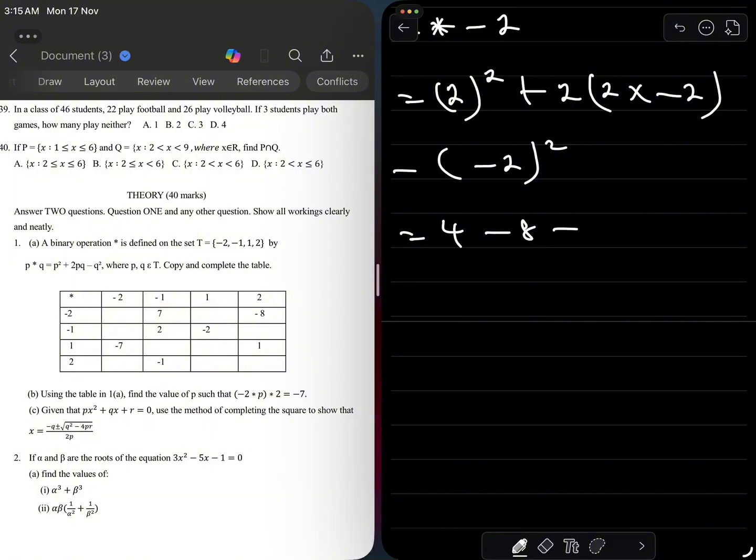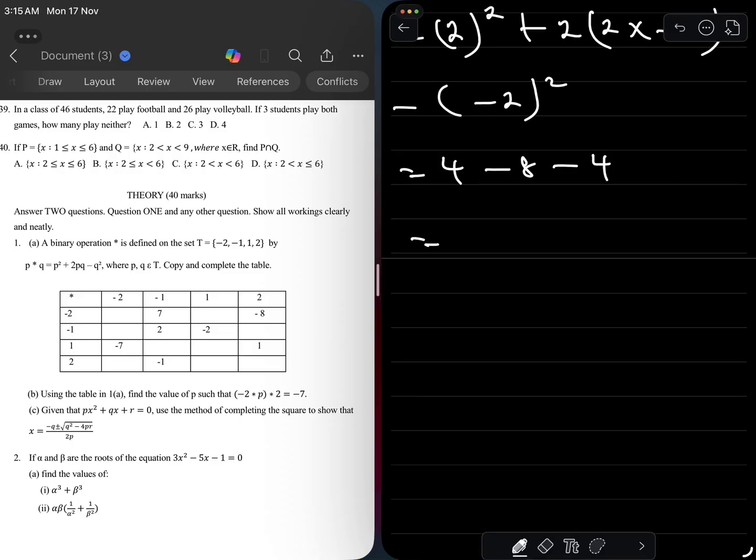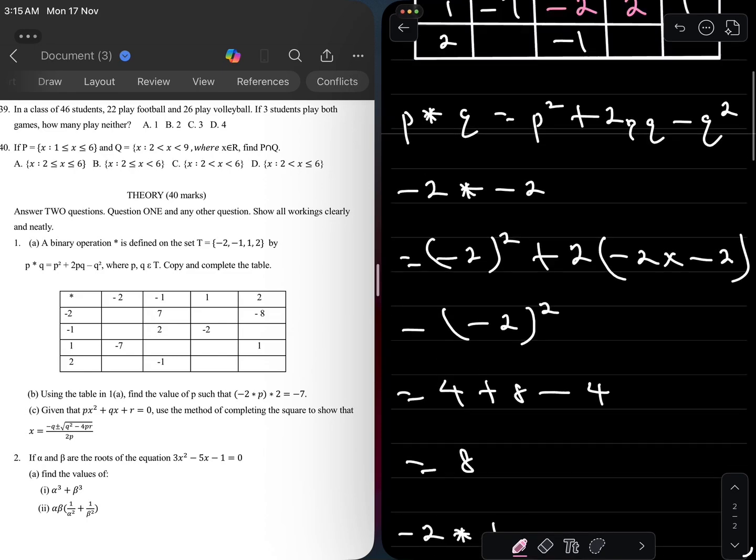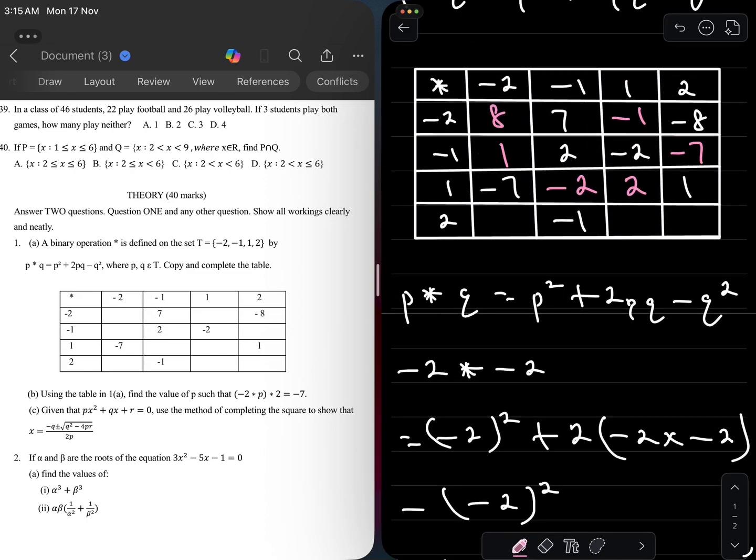The square of minus 2 is 4, so that will be minus 4. So 4 minus 8 is minus 4, minus 4 minus 4 is minus 8. And that means 2 asterisk minus 2 is equal to minus 8.